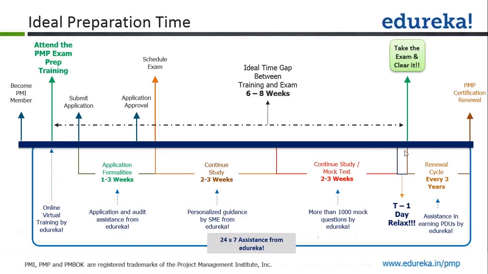So once your application is approved and you receive the mail, go ahead and block the examination day. You can go to the Prometric website and block the date, and I suggest around 120 to 140 hours of studies for the PMP examination. Depending on how much time you can pull out every day, you need to see whether you can do this in 30 days, 45 days, or 60 days.